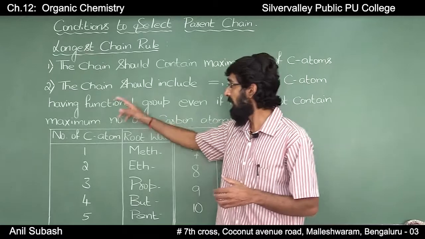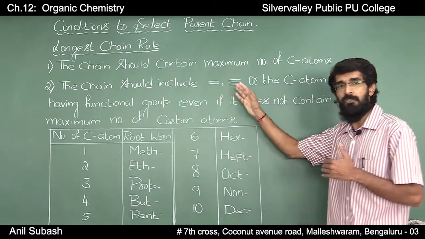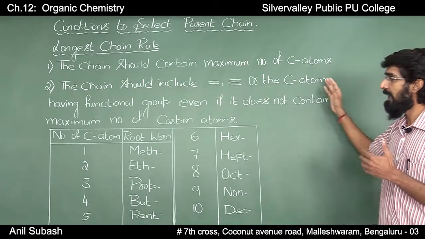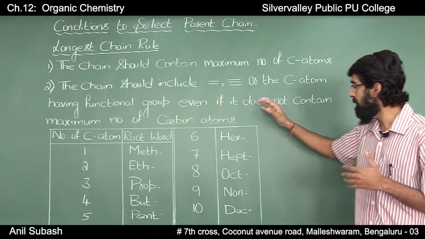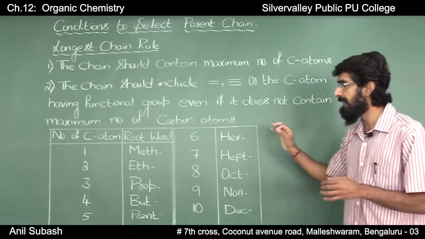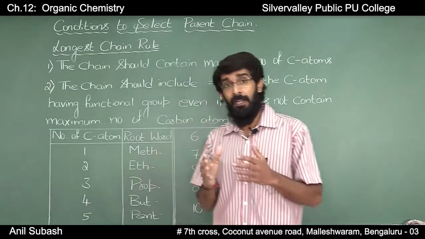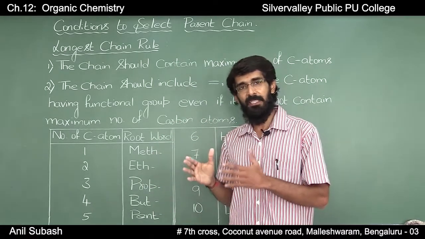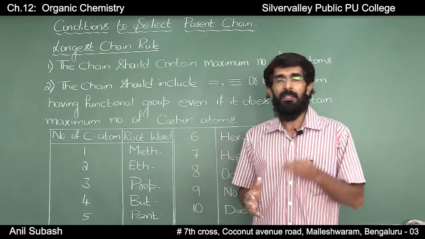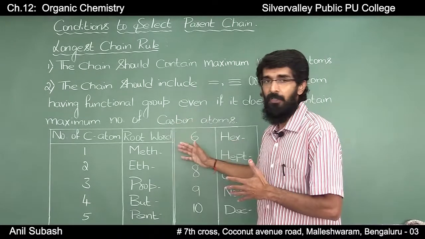And the chain should include double bonds, triple bonds, or the carbon atom having the functional group, even if it does not contain the maximum number of carbon atoms. And depending upon the number of carbon atoms present in the parent chain, we assign the root word.